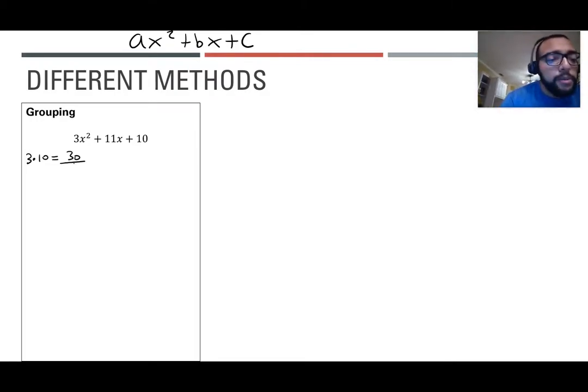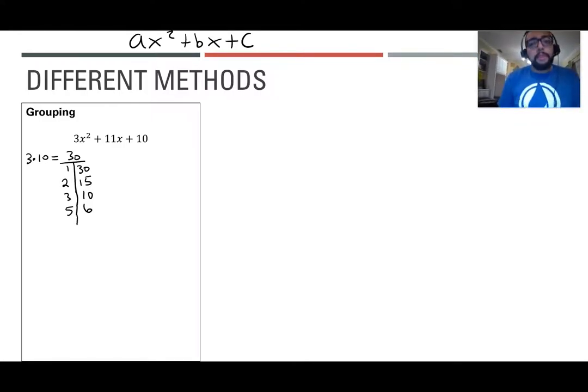Step 2, write out the factors of that a times c. So the factors of 30, well, we can always do 1 and 30, 2 and 15, 3 and 10, and then 5 and 6. And then from there, if we kept going, we'd be repeating.